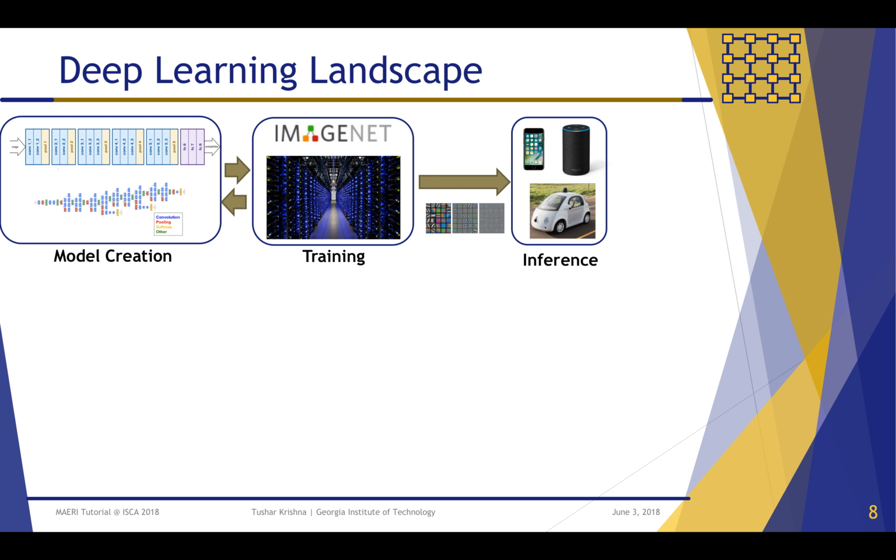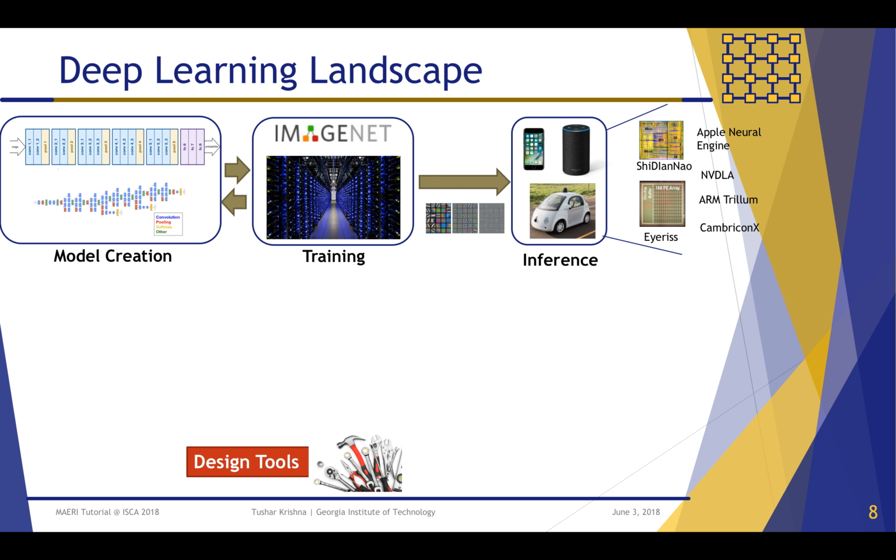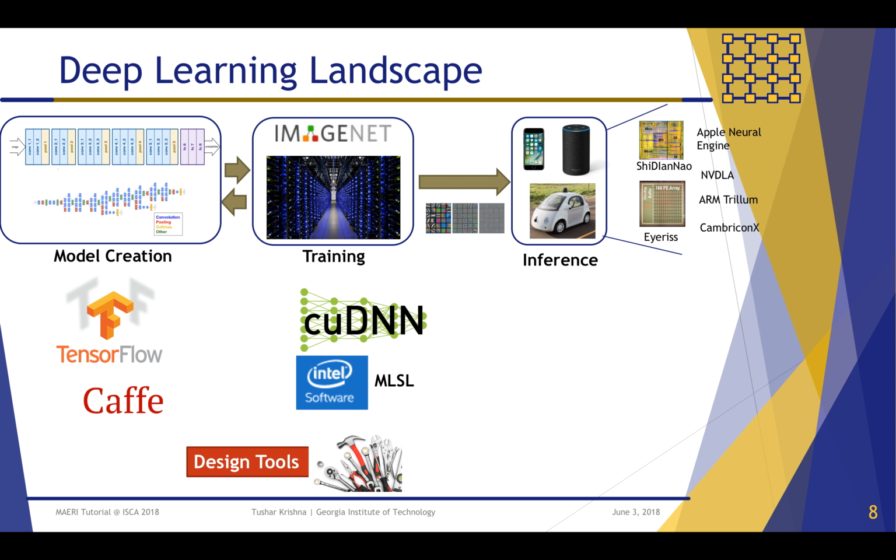Since you really want energy efficiency on these edge devices, the trend has become to add custom processors for DNN acceleration on these edge devices. There's been a lot of work recently on developing custom accelerators, both from industry and academia. Of course, one of the key things that enables such a landscape is design tools. For model creation, there are tools like TensorFlow, Caffe, PyTorch, and so on that let you iterate over and create models very quickly.